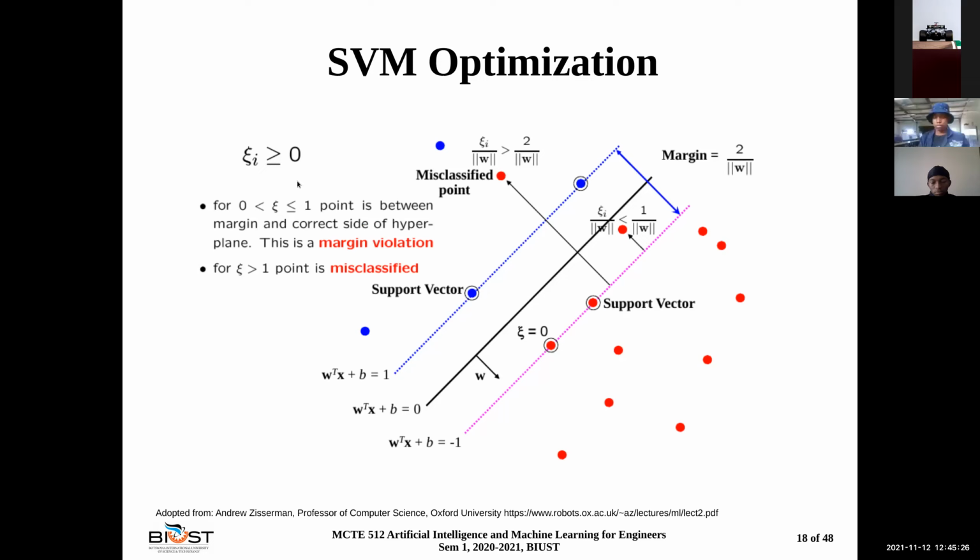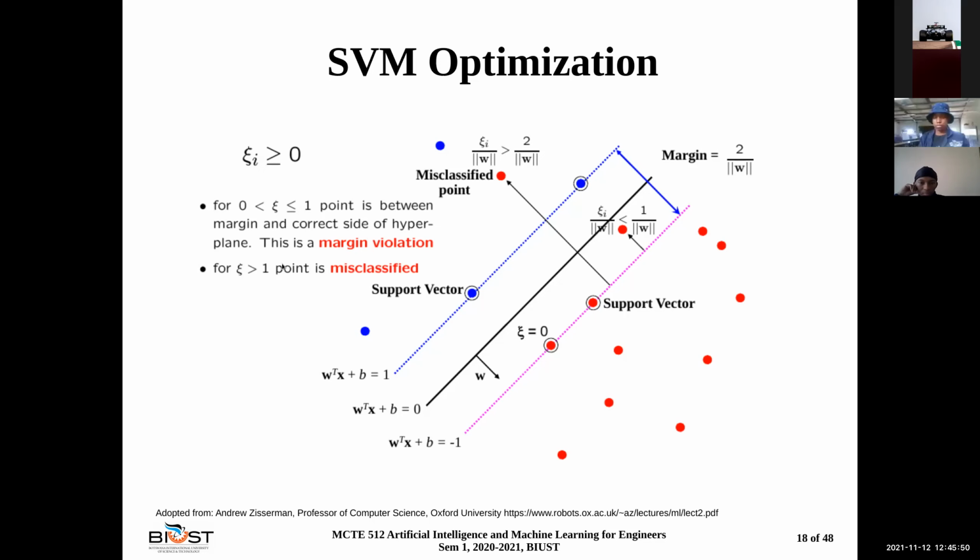This psi will give us some consideration for points that are misclassified. So psi can be greater than or equal to 0 if the point is between the margin or on the correct side of the hyperplane. For example, here is still correct but closer to the hyperplane, then the psi is between 0 and 1.